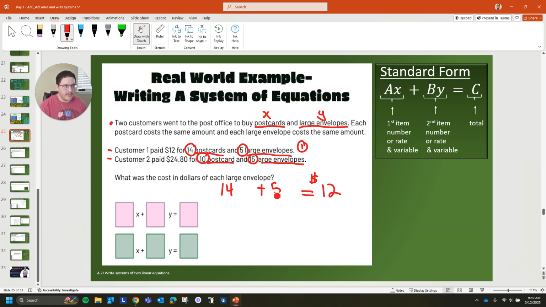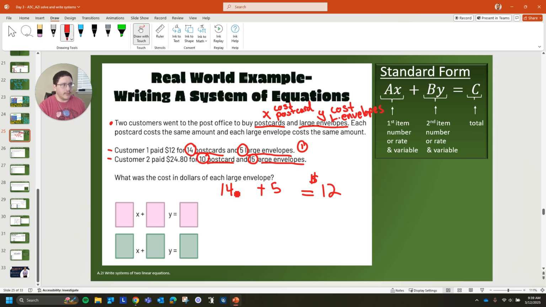Now, 14 and 5 are the total of postcards and envelopes, but we need it to equal money. So what should X and Y represent in this case? X represents the cost of the postcards. Y represents the cost of the large envelopes.